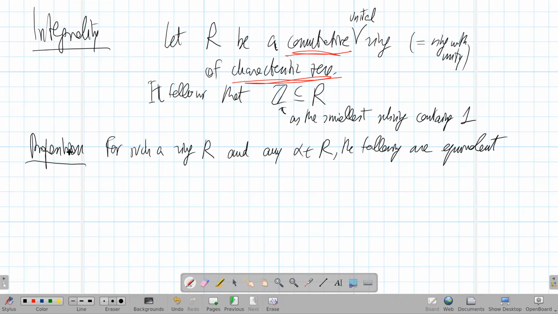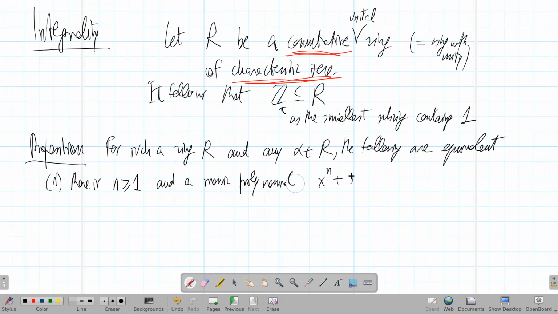So the first one tells you that there is n at least 1, and a monic polynomial, let's write it.